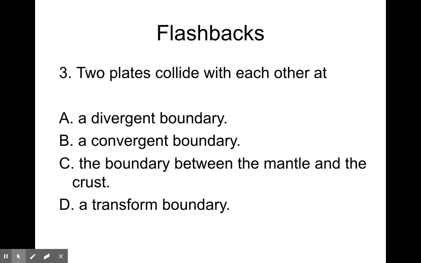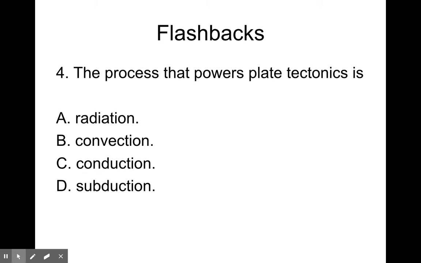When two plates collide with each other, does this happen at the divergent boundary, convergent boundary, a boundary between the mantle and the crust, or a transform boundary? And then what is the process that powers plate tectonics? Radiation, convection, conduction, or subduction?